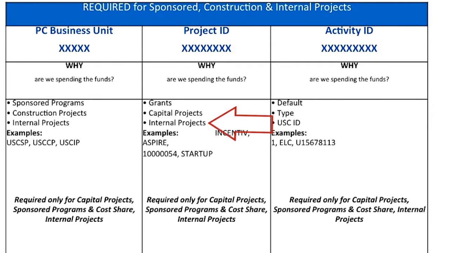Then we go to internal projects. And that's where I'm going to try to explain what we tried to use this for. I don't know how many you have, but I know you have some.